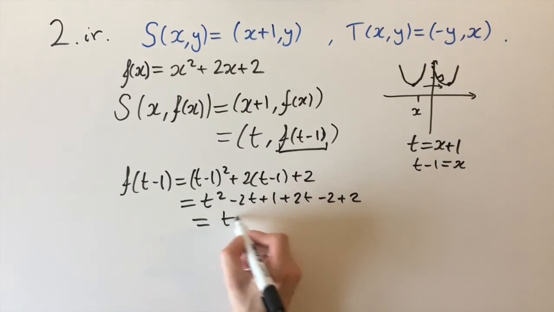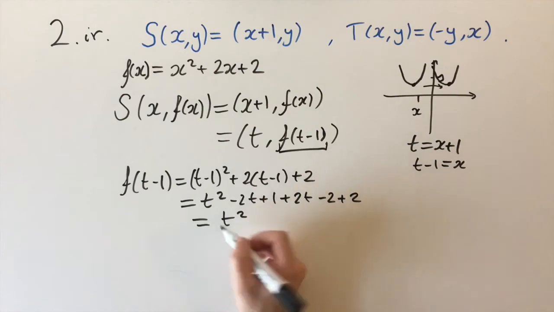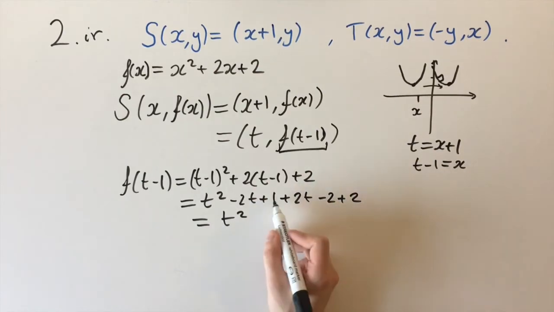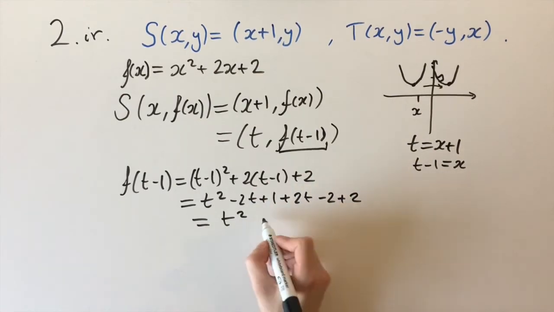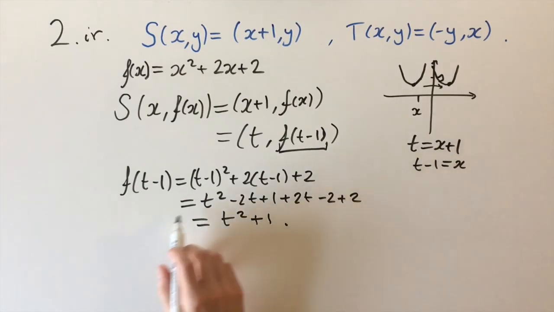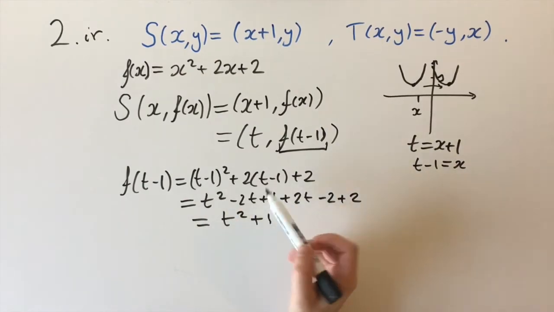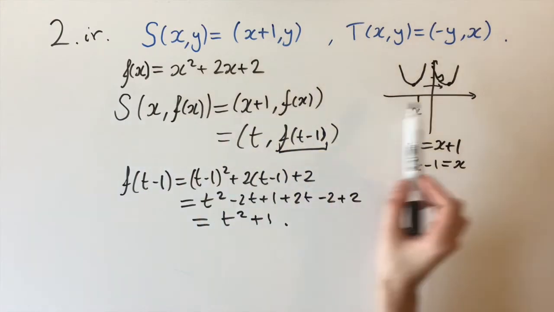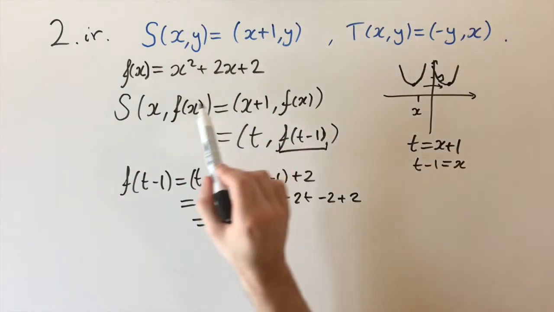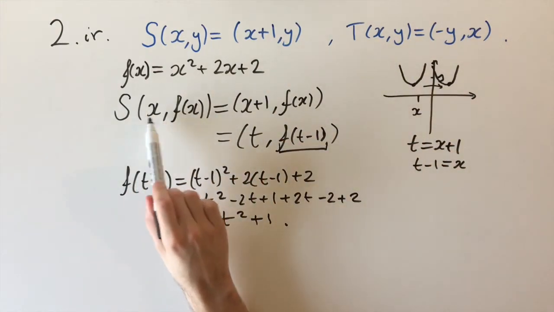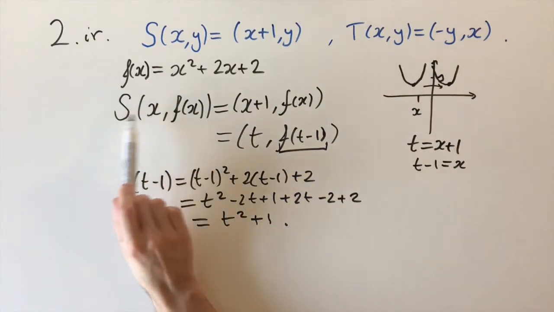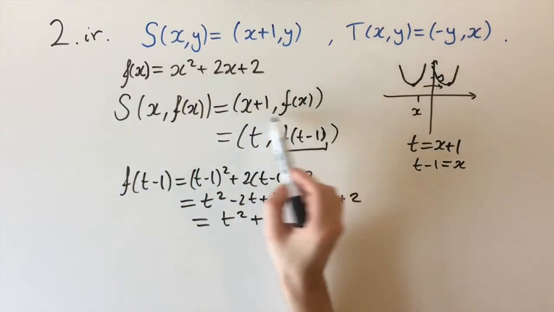And so in the end, the transformation is t squared, with no terms in t, plus 1. Just to summarize what we've done, we've written this parabola in its parameterized form in the coordinates (x, f of x). We've applied s and worked out what it is analytically.